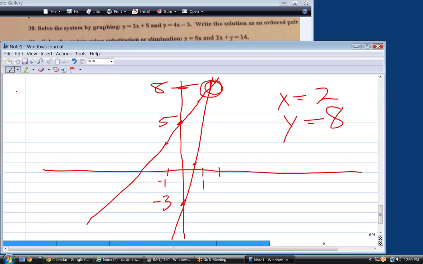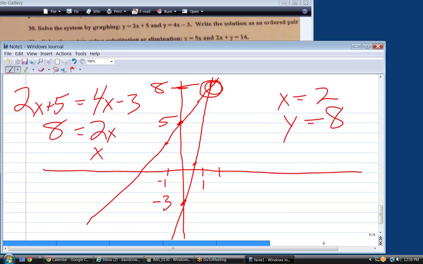If I wanted to know exactly what my solution is, if y equals that and y equals that, then I set them equal to one another, and I get x equal 4. So I was way off in my approximation.